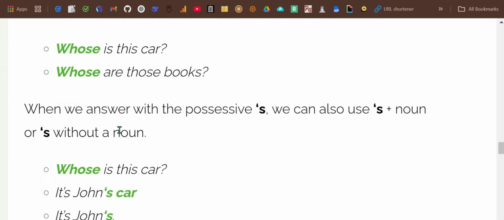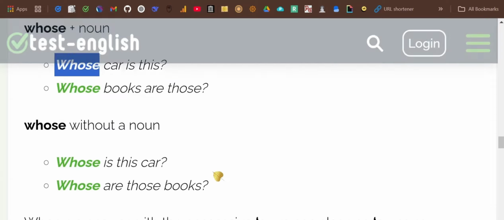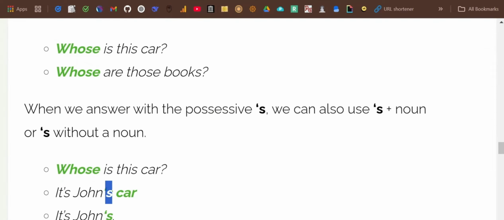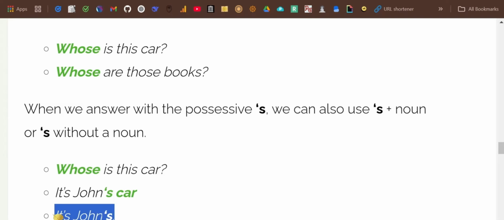So when we answer this question, they ask with whose, you can answer with the apostrophe, for example: it's John's car. Since it's clear what you're talking about, you can say it's John's. You have to say the 's. No need to repeat car in question and answer.